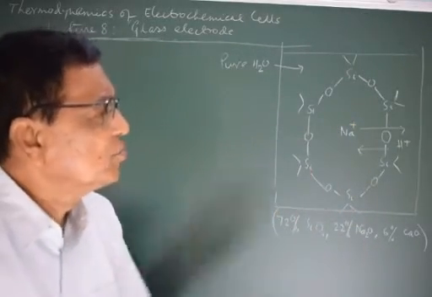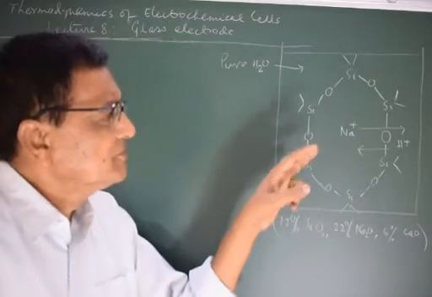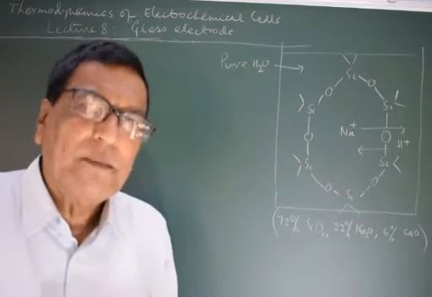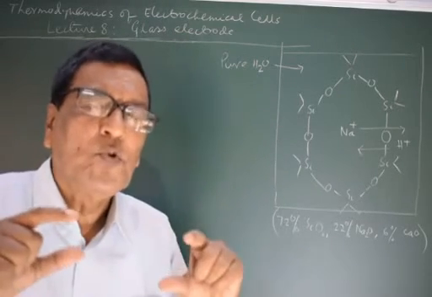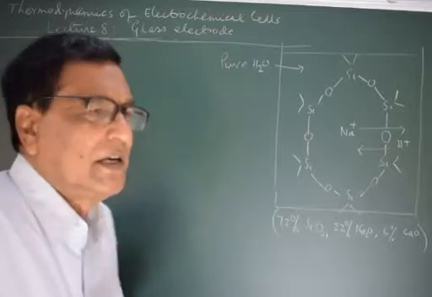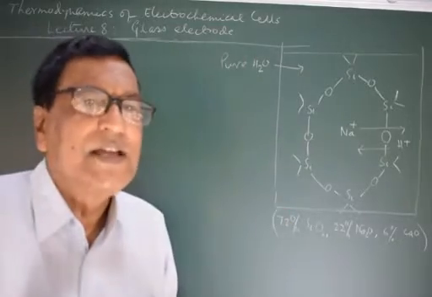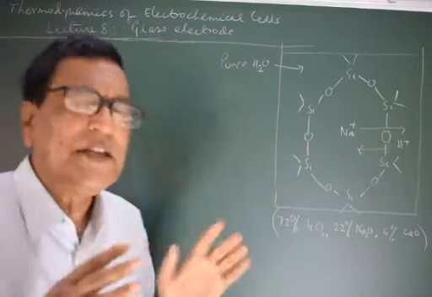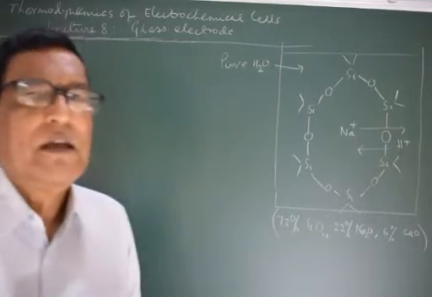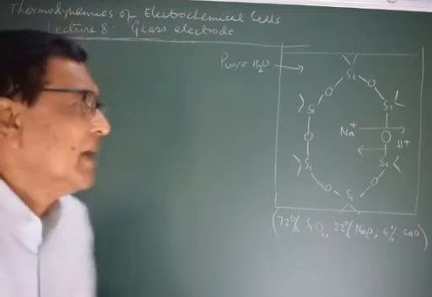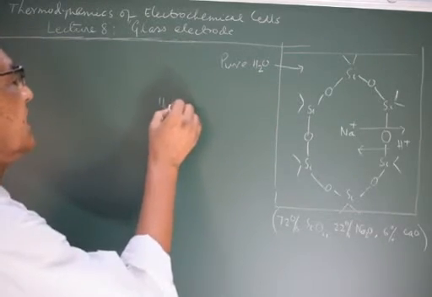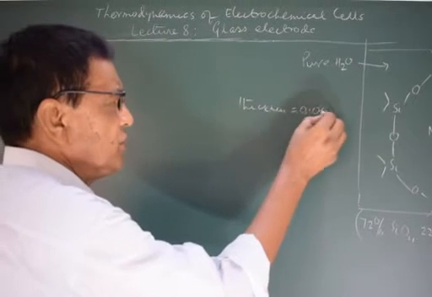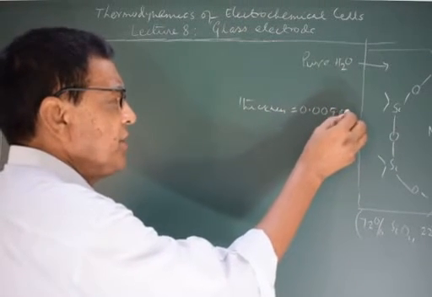The sodium ion can actually move through this glass membrane through nanopore channels, and make it slightly conducting. We generally use a very thin glass membrane, with a thickness of approximately 0.005 centimeter.